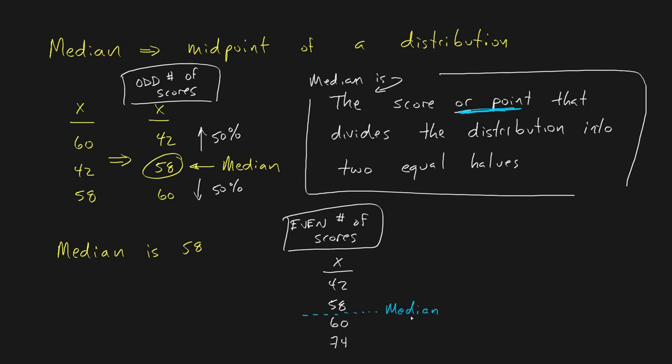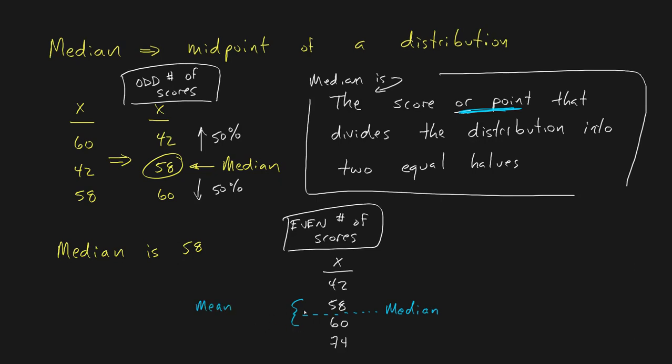Now we can't just draw a picture of a dashed line and say that's where our median is. This is not going to be a satisfying answer for anybody who's asking for the median for a data set. Instead, we're going to assign a value. But the way that we assign the value that falls between 58 and 60 is by making use of something that we just learned, the mean.